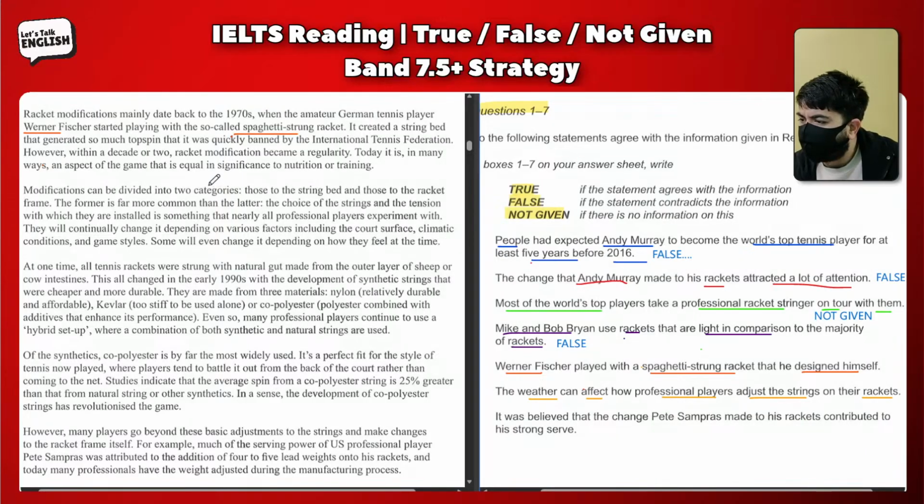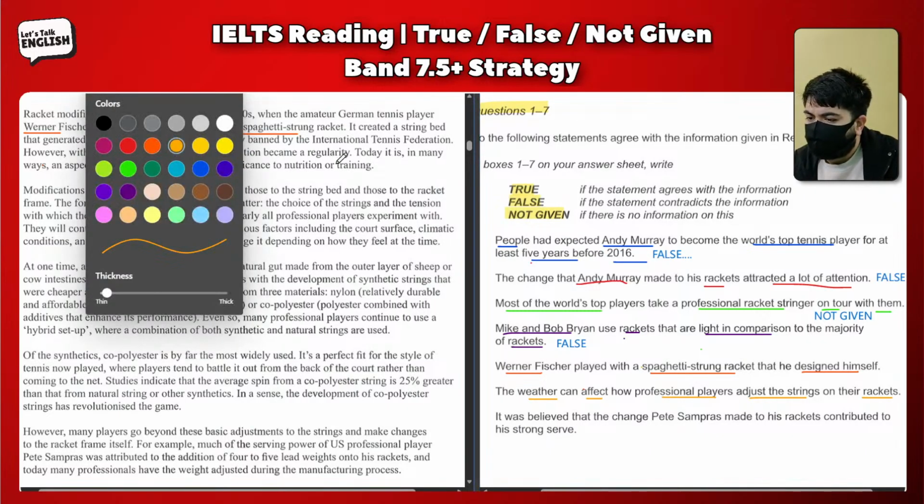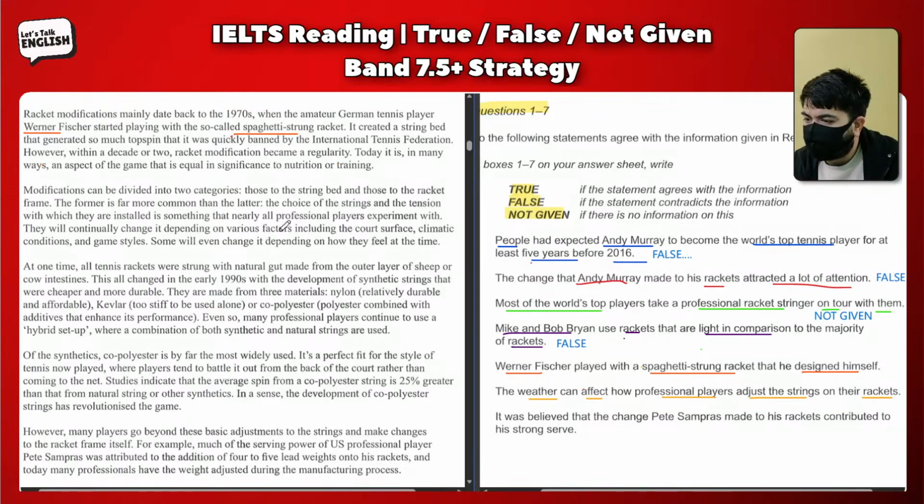Okay. Within a decade or two, modifications, string bed, far lighter choice of strings, tension. I think we are talking about something that is relevant. Strings and tension continue. Oh, nice. See. This will continually change depending on various factors, court surface, climatic conditions. So weather is given, right?